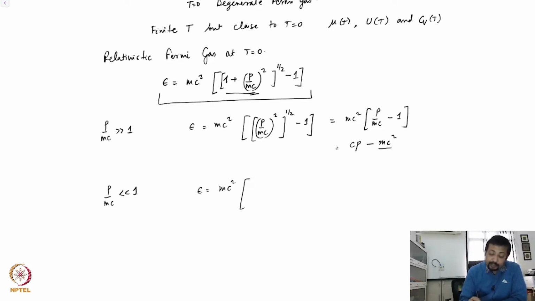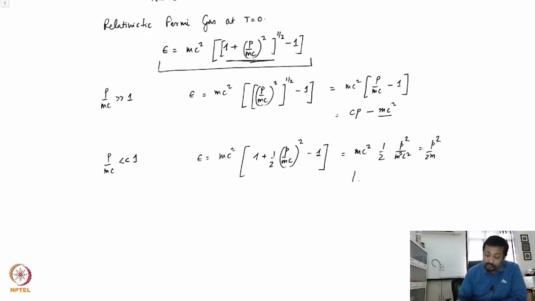In contrast, when you have p over mc much less than 1, then you have mc square. I can expand this quantity in the brackets in a binomial series, so that I'm going to have (p over mc) square, and keep up to this order, minus 1, which gives you mc square times half p square over m square c square, which gives you p square over twice m.